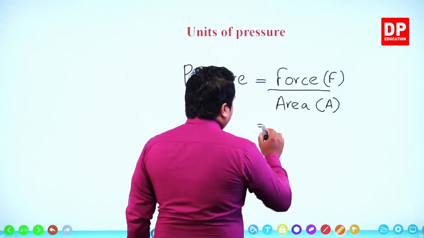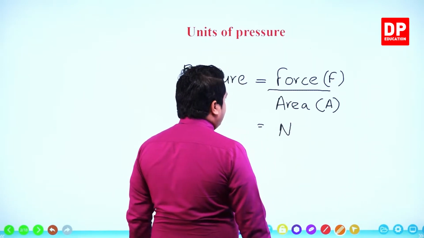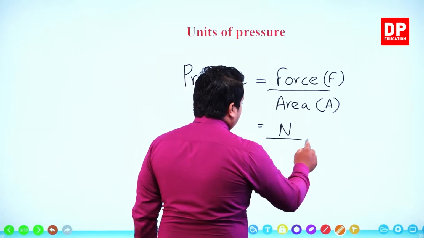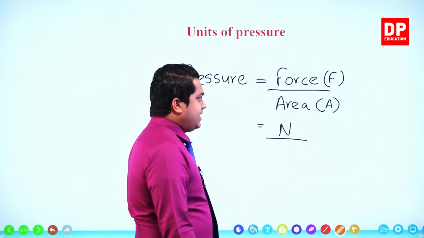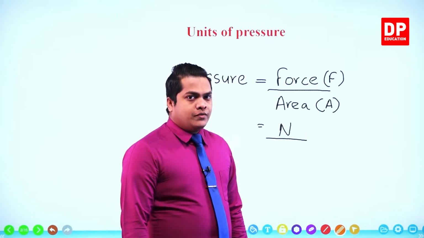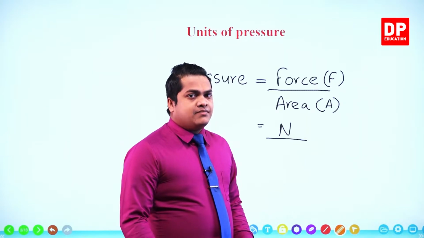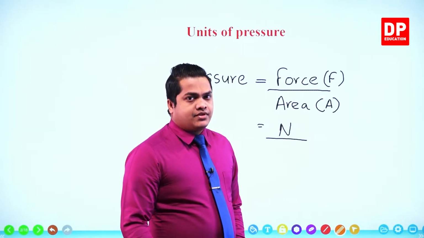So we know that force is measured in newtons. In the earlier lesson we studied that the unit of measuring force is newtons. The international standard unit to measure length is meters. You know that area is the product of length and breadth.